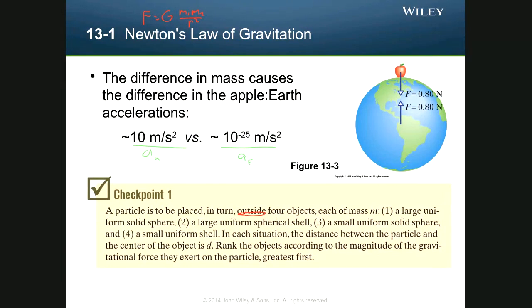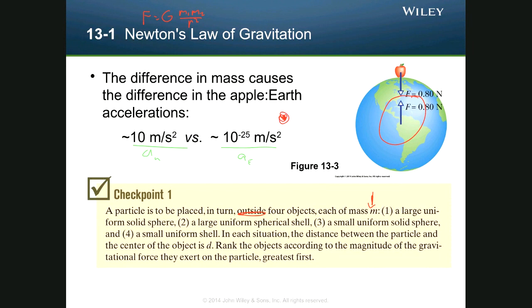So we've got some answers, but keep in mind, we're going to use the Earth. I'm going to take away the apple here, and we're going to use the Earth as one of these spheres. We can make another sphere, the smaller sphere, if we want. Whether they're spheres or solid or shells, they each have the same mass m. All right, different radius, different sizes, but we've said that the object, no matter how big it is, is outside.